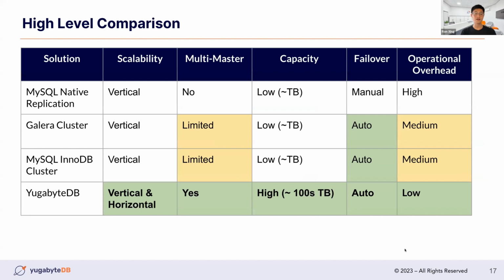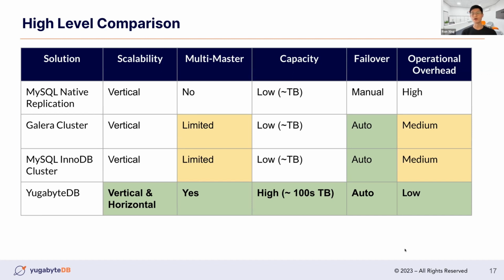And this is a high-level comparison between the different HA architectures in MySQL and YugabyteDB. In terms of scalability, the three HA architectures MySQL offers, whether native replication, Galera cluster, or InnoDB cluster, all of them are vertical scaling, meaning you can replace a smaller machine with a larger machine, pumping in more CPU and memory, right?